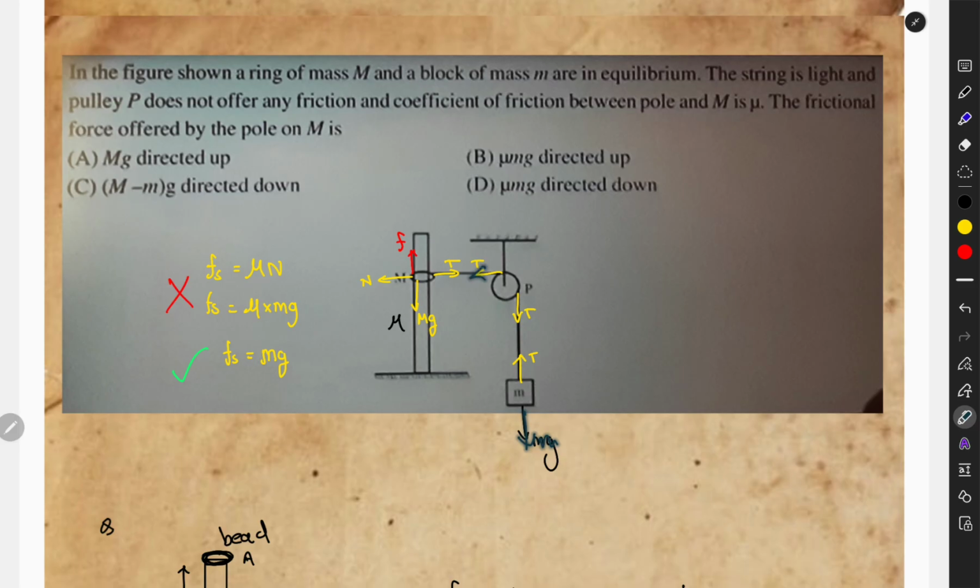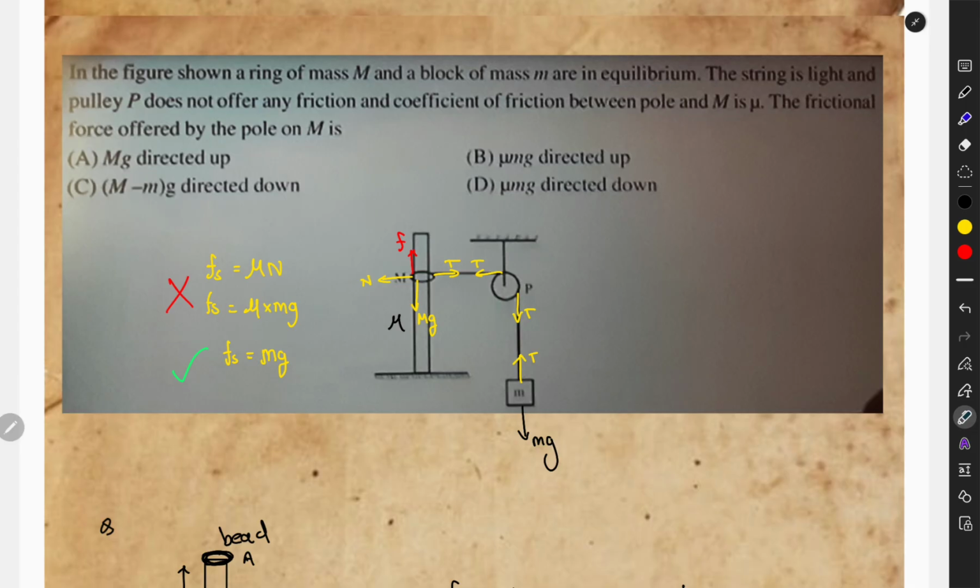So this will be the force which is transferring here. So normal force will be equal to mg for sure. So in that case you can put the mg in place of normal force, so you will get a static friction of mu multiplied by mg, which is absolutely wrong, because it is at equilibrium. They've mentioned it.